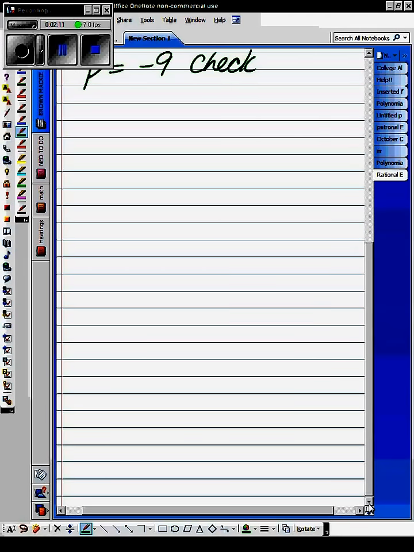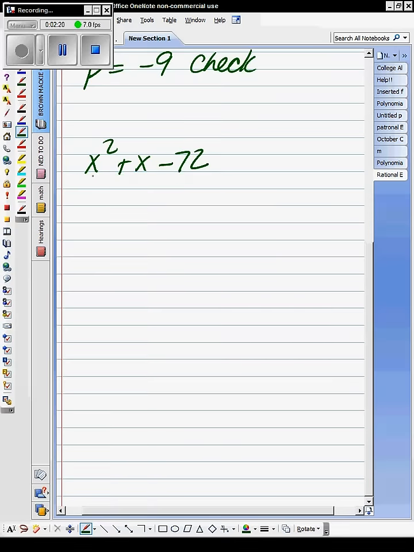Let's say I have x squared plus x minus 72 all over, let's keep it easy, 10x minus 10. Well, we could do it that same way.